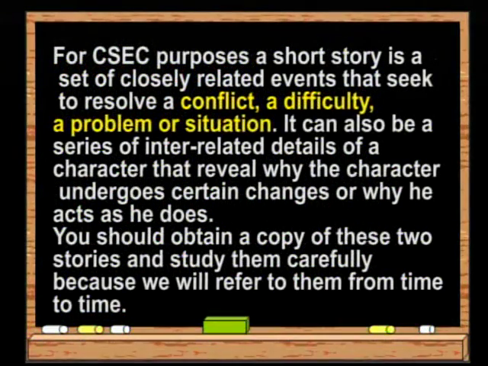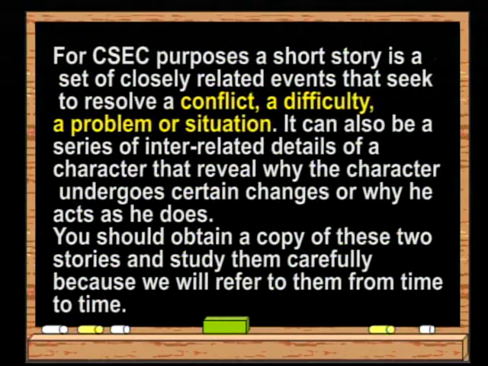For CSEC purposes, a short story is a set of closely related events that seek to resolve a conflict, a difficulty, a problem or situation. It can also be a series of interrelated details of a character that reveal why the character undergoes certain changes or why he acts as he does.